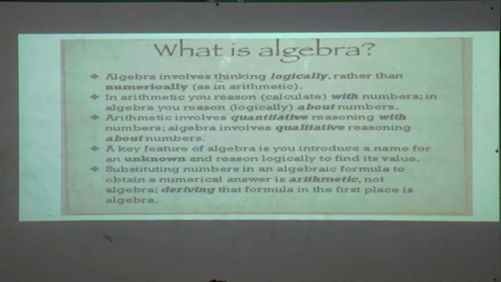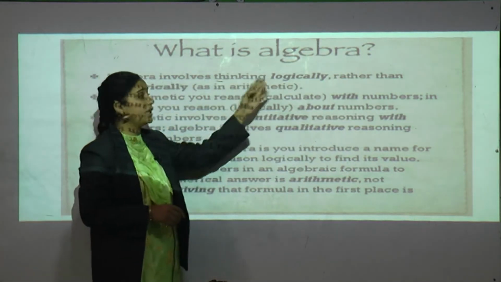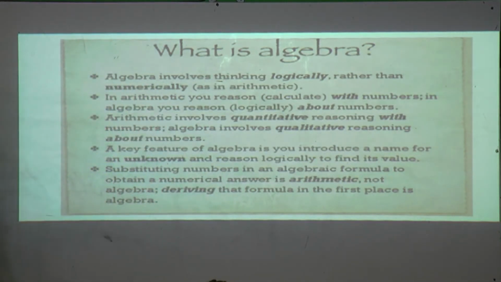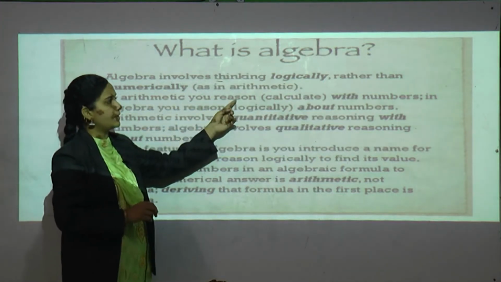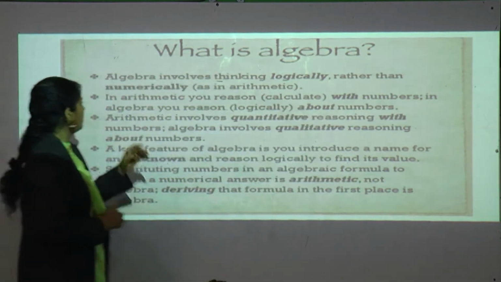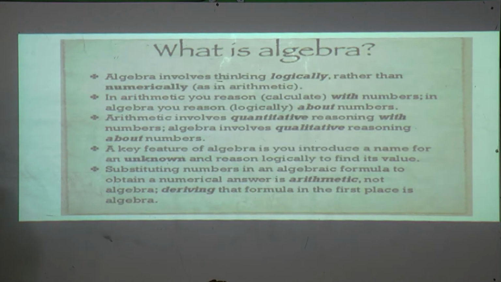What is algebra? See here students, algebra involves thinking logically rather than numerically, as in arithmetic. That means in arithmetic we use only numbers, but algebra involves thinking logically. Okay, now in arithmetic you reason, in bracket calculate, with numbers, but in algebra you reason logically about numbers.